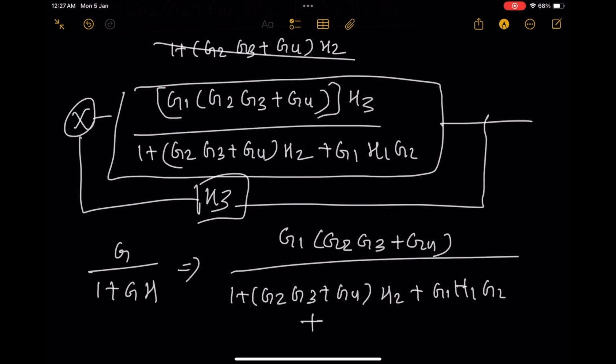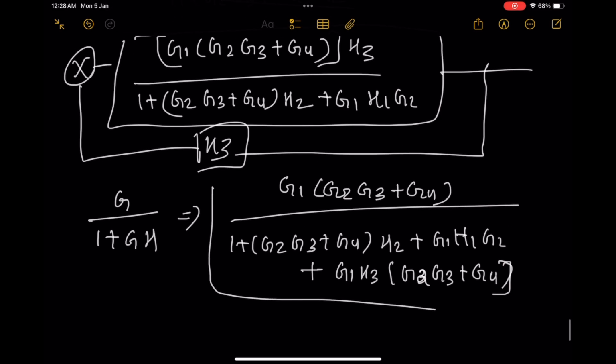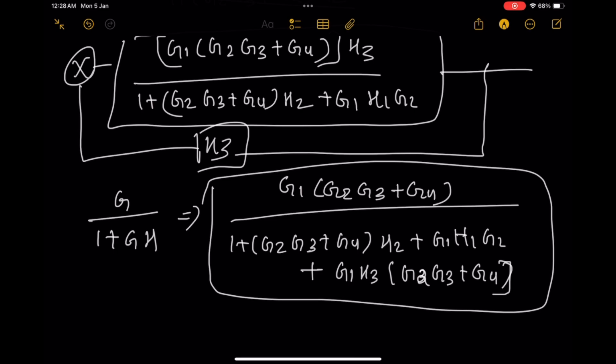I hope this is the answer. We'll check it afterwards. So this is the final answer that we will be getting after solving this. This will be G1 (G2 G3 plus G4) into H3 in the additional term. This will be our final answer after solving this entire block using exactly the same equation.